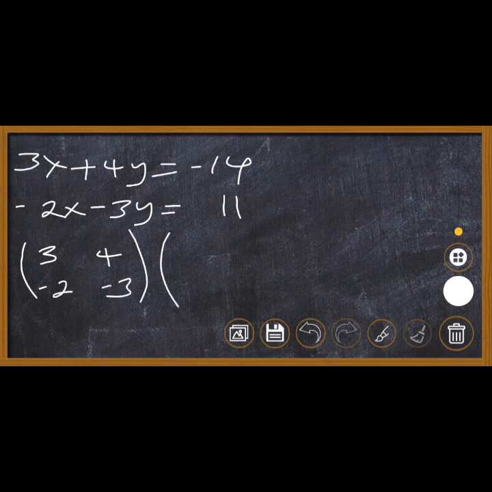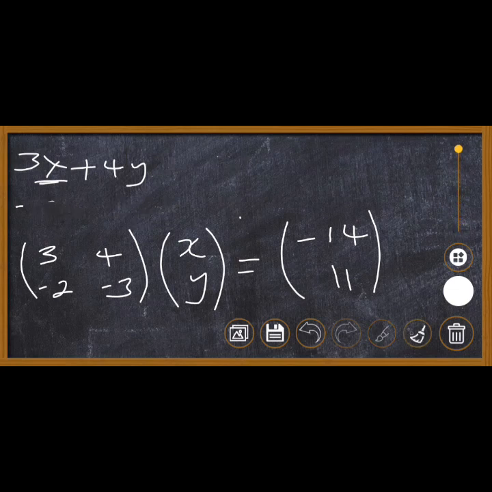And then here, you write the variables that are present in the given expression, in order. Since we began with x, it means we are going to begin with x here. If we had started with y, we would have started with y. Then here you write whatever you have at the equal sign. So this is the standard form of writing the given simultaneous equation in matrix form.